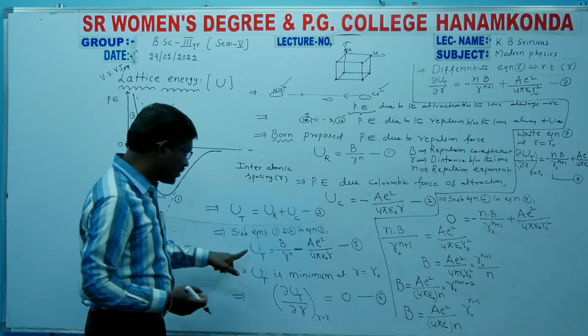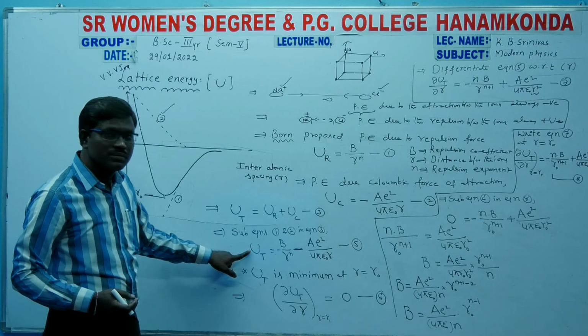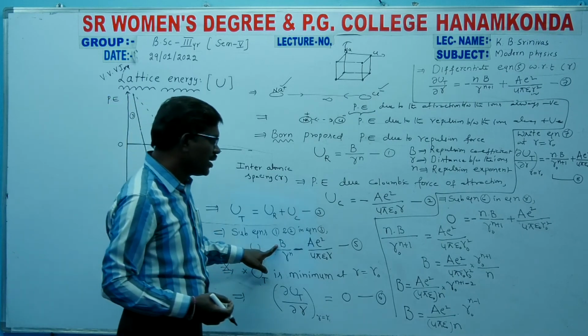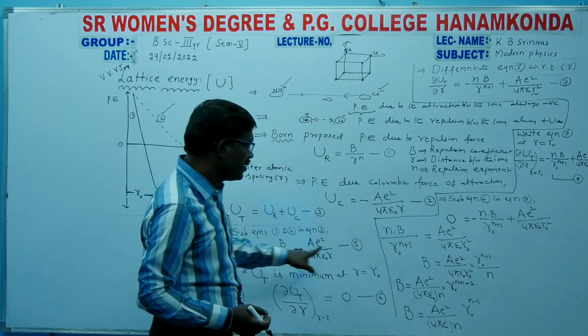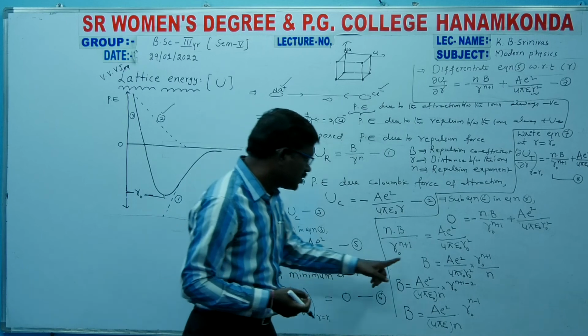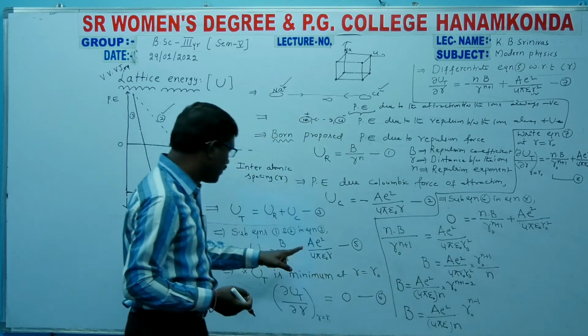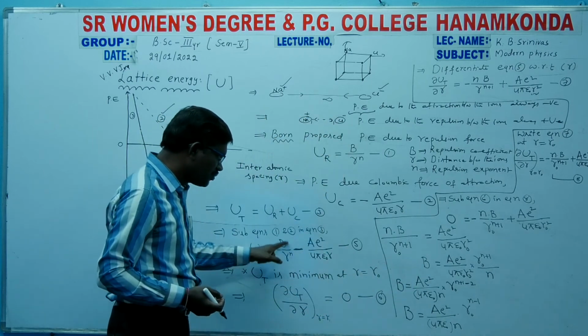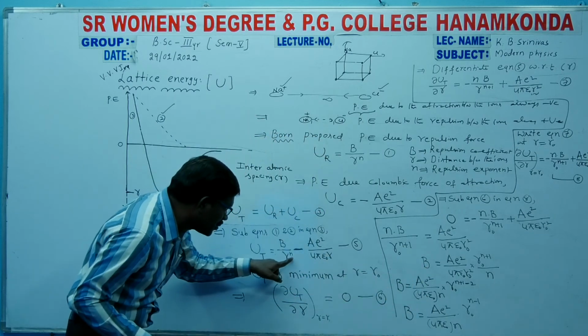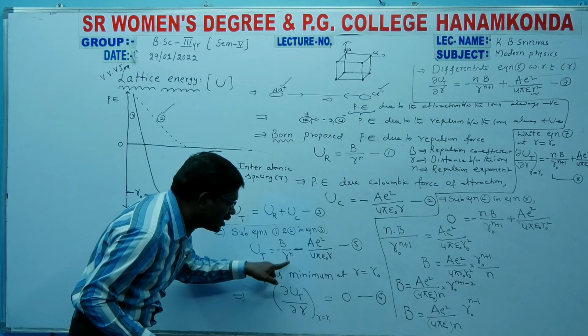See, after getting this equation 5, our aim is to calculate b value individually. Finally, I have calculated this b value as r naught square. And I am substituting this b value in equation 5. Instead of b, I have substituted. Already here we are having r to the power of n. One more term is in the denominator.